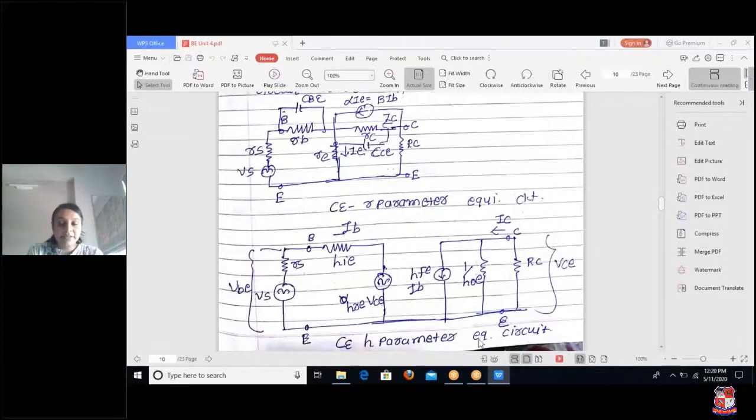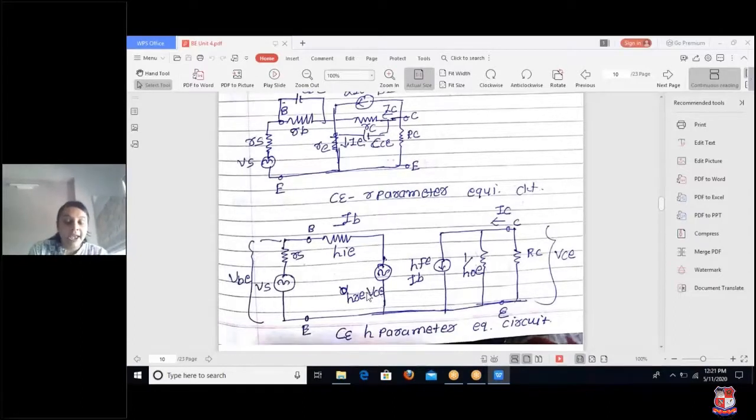This figure is known as an H parameter circuit, right? Here we draw the common emitter H parameter equivalent circuit. For the common emitter, we differentiate two parts: the left side part is known as the input part and the right side part is known as the output part, right?